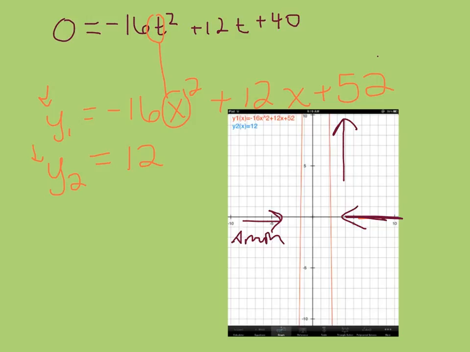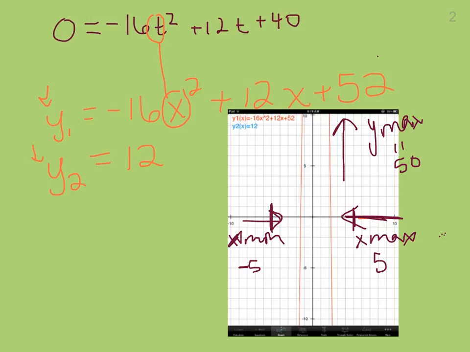Remember, min is a low number, which would be the left, and max is a high number, so that would be the right side. I'm going to change my y max to something like 50, my x max to something lower, like 5, and my x min to something like negative 5, so that I'll only see from here to here.